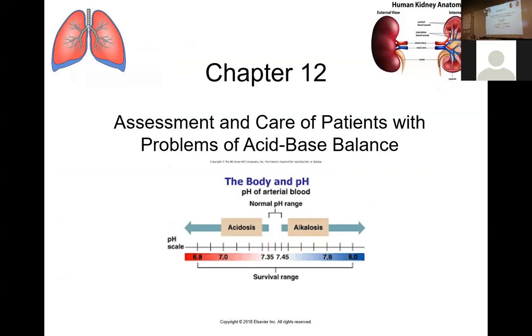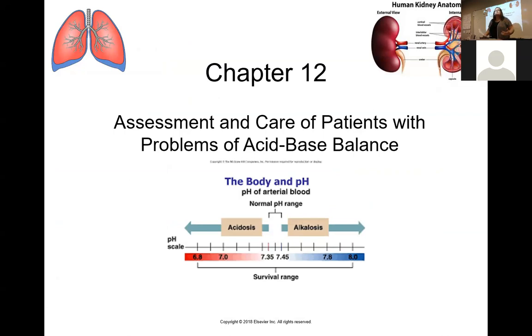All right, guys, we're going to take a look at the PowerPoint here, Chapter 12, Acid-Base Balance. So now we've gone over what ABGs are. Now we're going to talk about what's going on in the body that causes it to be acidic or alkalotic. What signs and symptoms?